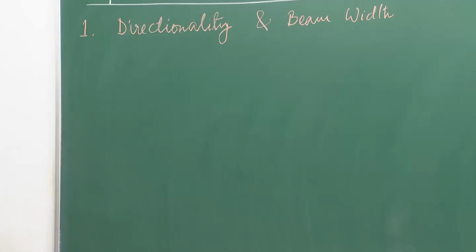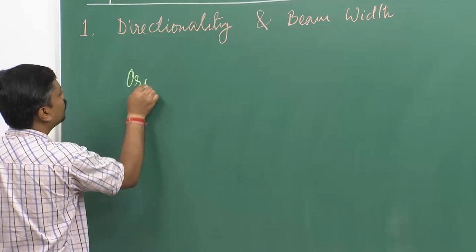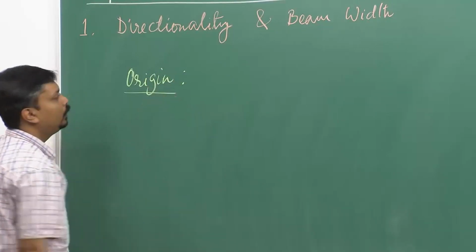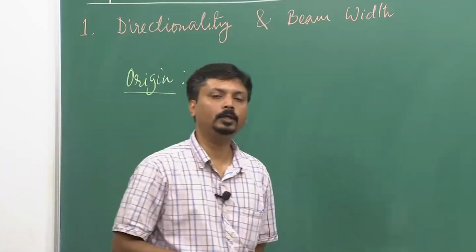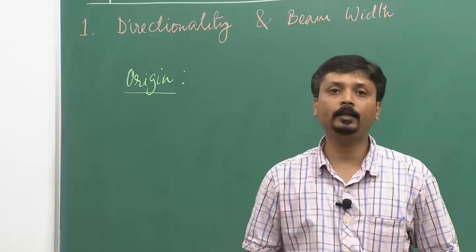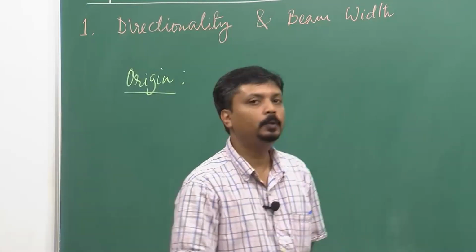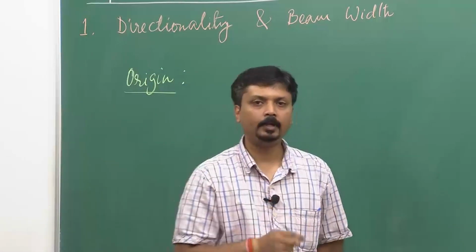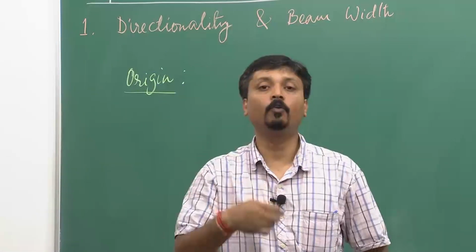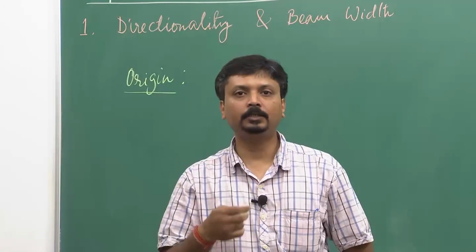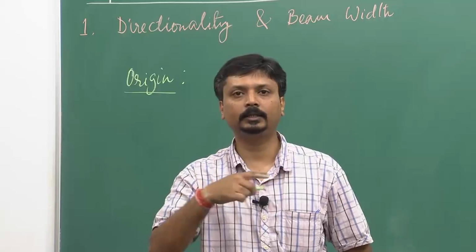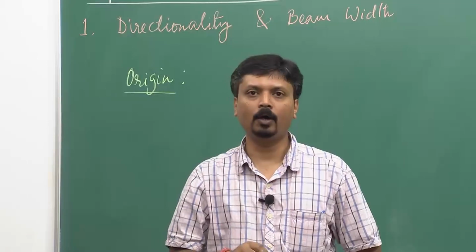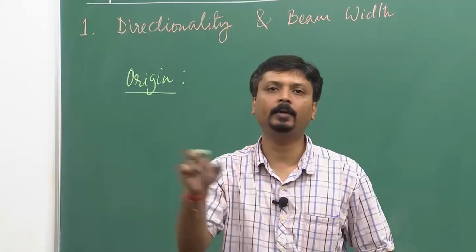I am pretty sure that by now you yourself can figure out why there is a directionality, because we are using a cavity and there is an axis of the cavity, and the photons which are getting amplified must have their propagation direction along this axis, or within the range that is provided by my laser cavity.